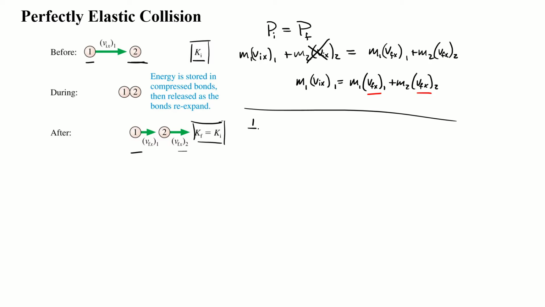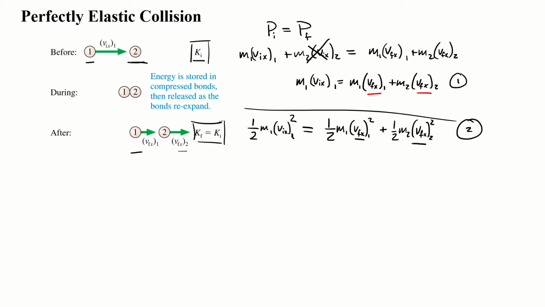So we have another equation, which is 1/2 m1 v initial x1 squared, plus 1/2 m2 v2 squared, but again, the velocity was 0 so there's no kinetic energy in that, is equal to the final kinetic energy, 1/2 m1 v final x1 squared plus 1/2 m2 v final x2 squared, right? And this gives us our second equation with the same unknowns. And now we have two equations, two unknowns. We're able to solve for that.